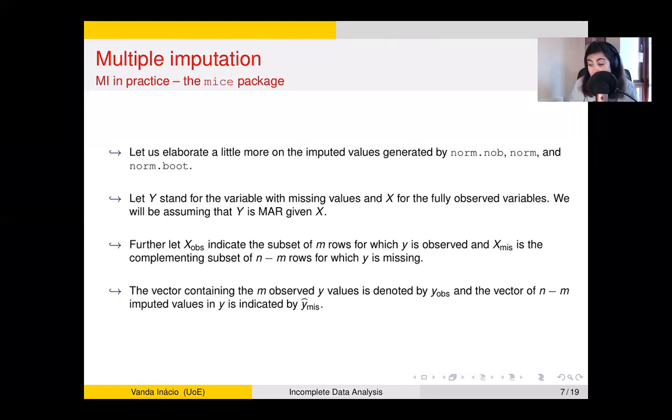Then let x missing be the subset of n minus m rows of the fully observed variable for which y is missing, and we denote by y observed the vector composed by the m observed values in y, and by y missing the vector of n minus m imputed values. So it's the part that is missing and that we impute using our method.